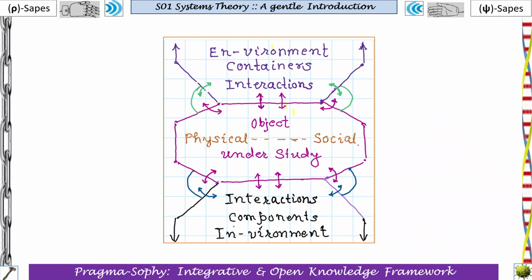Finally, the figure hints at the nested nature of systems. The environment shown in the diagram can itself be viewed as an object within a larger system. Likewise, each component inside the object can also be treated as a smaller system or a subsystem with its own components and environment.